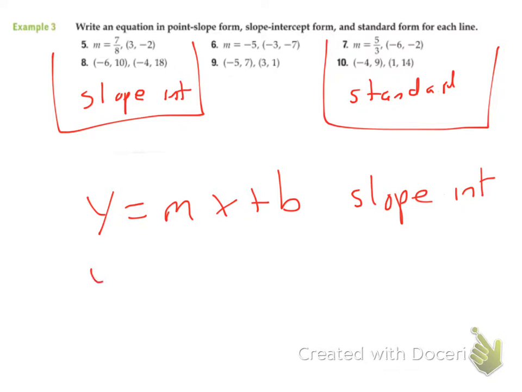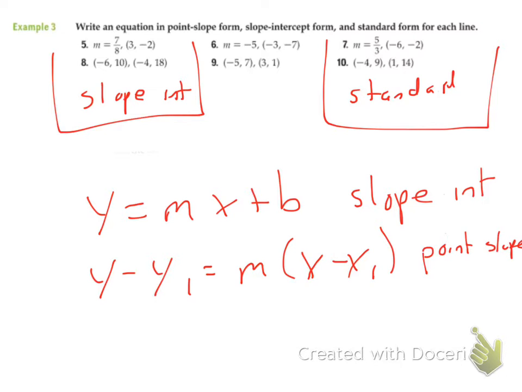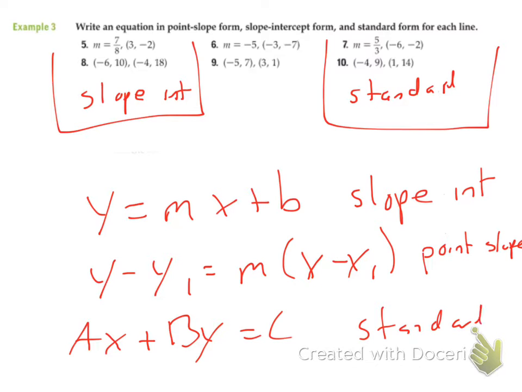Slope-intercept form. y minus y1 equals m times x minus x1 is the point-slope form, and ax plus by equals c is what we call standard form.